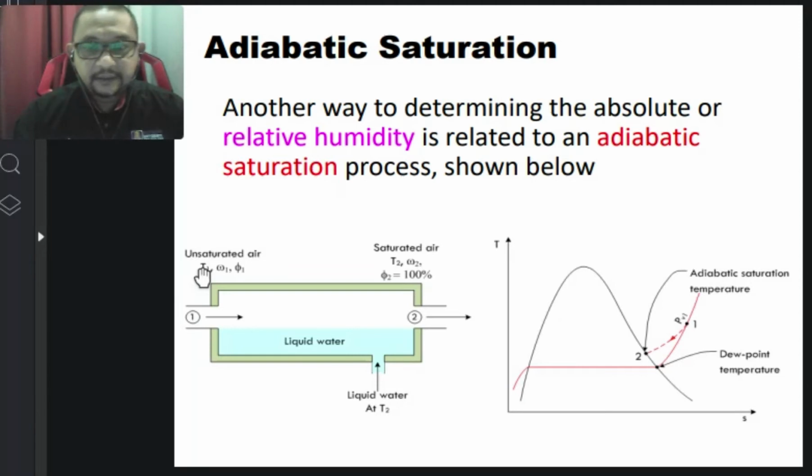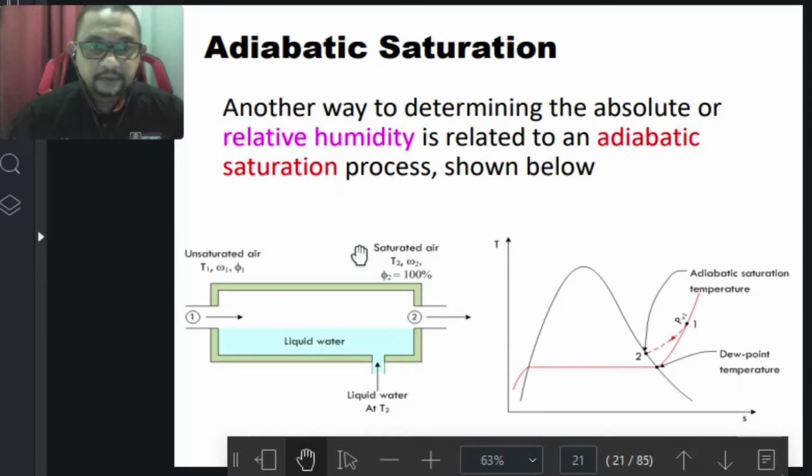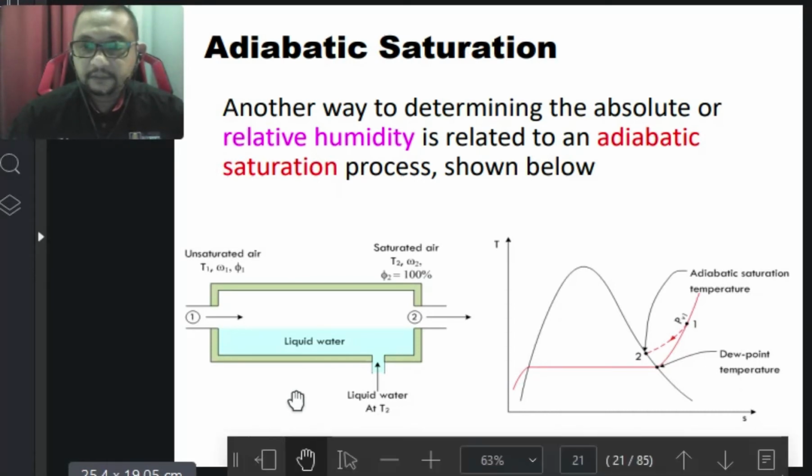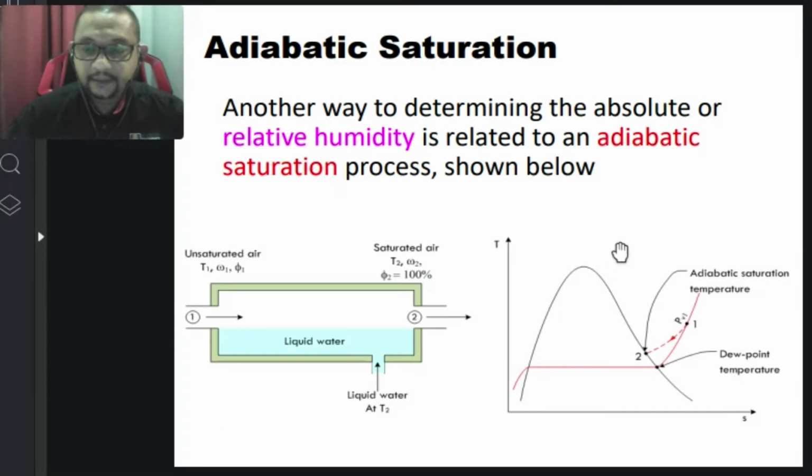As you see in the figures here, this is the device that can be used to determine the relative humidity, and at the right side is the T-s diagram, showing how it happens when you want to determine the relative humidity.